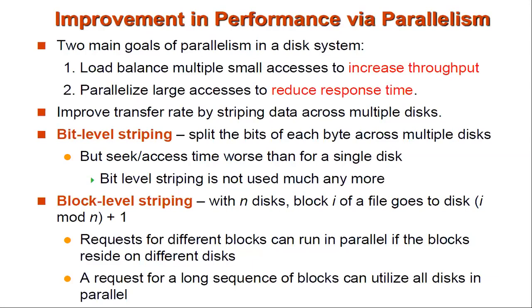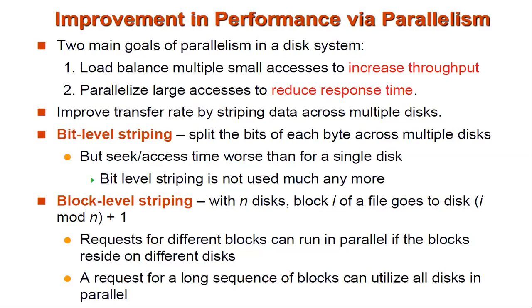What do you mean by throughput? That is the maximum gain that you are able to get within a particular time period. So when you store your data in multiple places with proper load balancing, obviously you can increase the throughput.